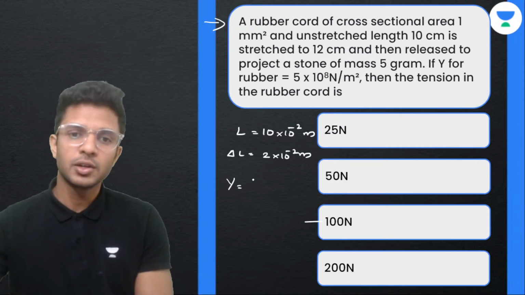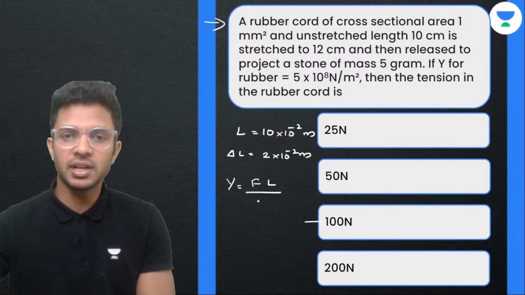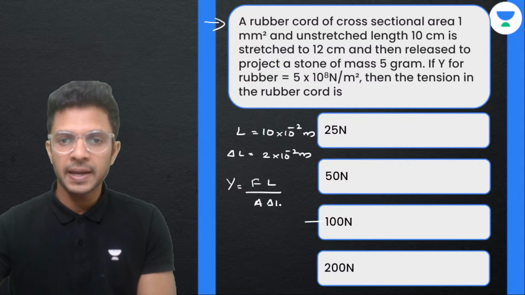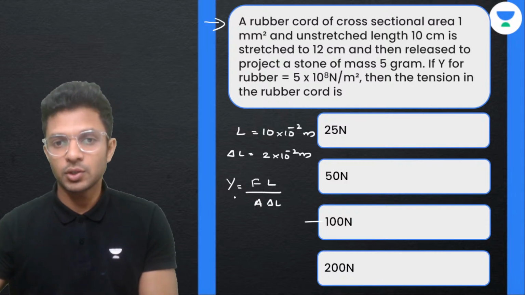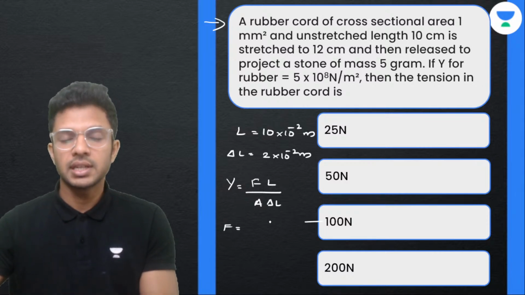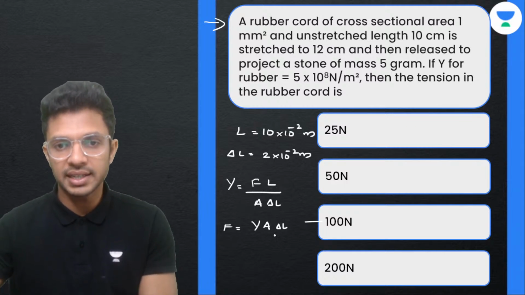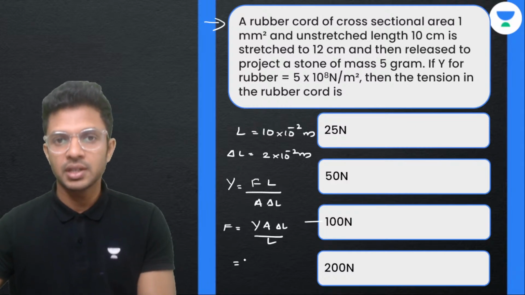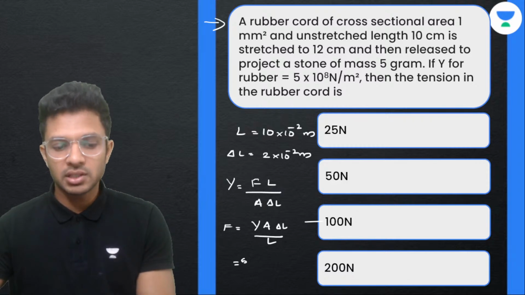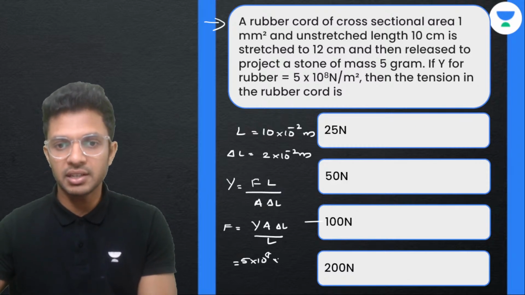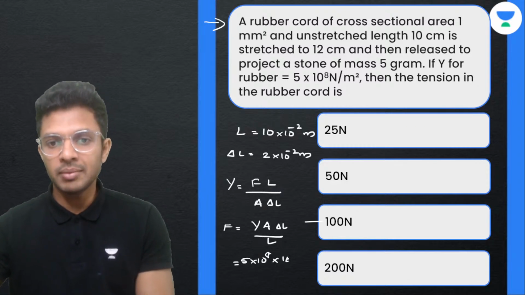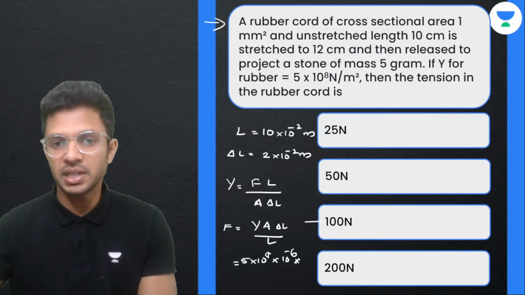Simple direct formula for Young's modulus, which is FL divided by A delta L. So the force produced within the string is equal to Y A delta L divided by L. Y value is 5 into 10 power 8, given. Area is 1 millimeter square, that is 10 power minus 6 meter square.